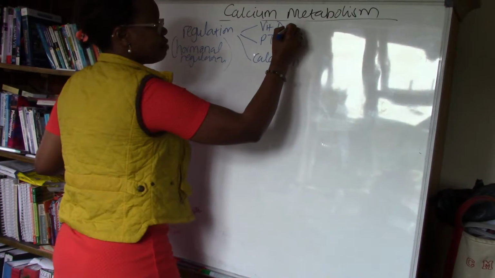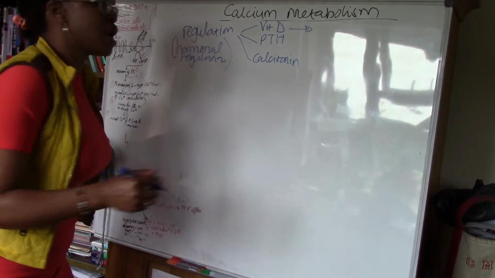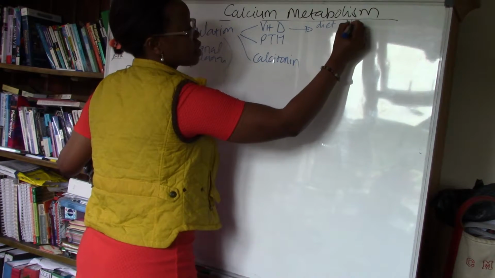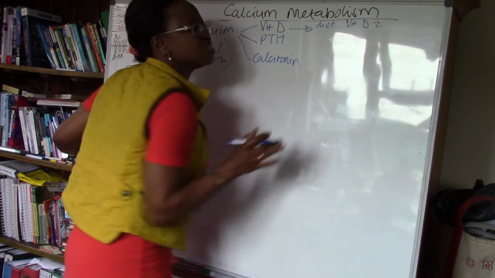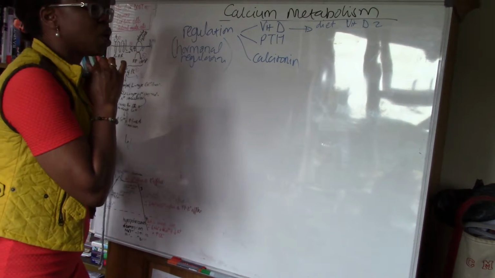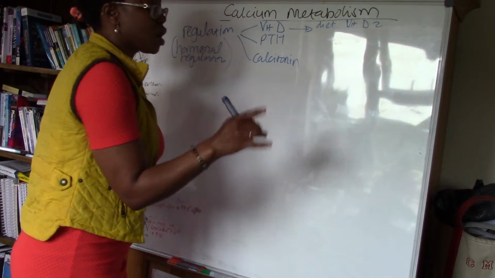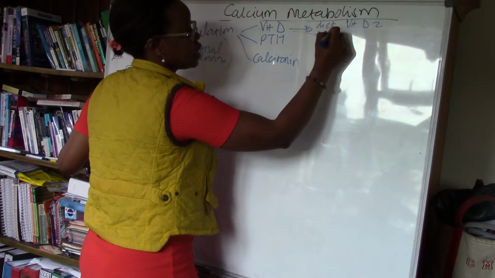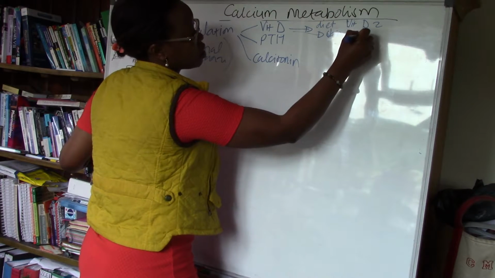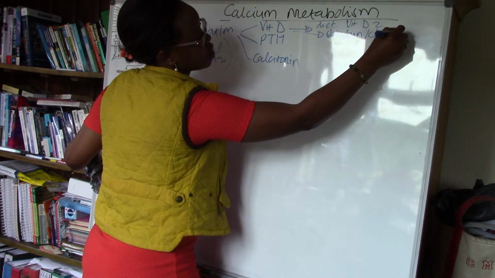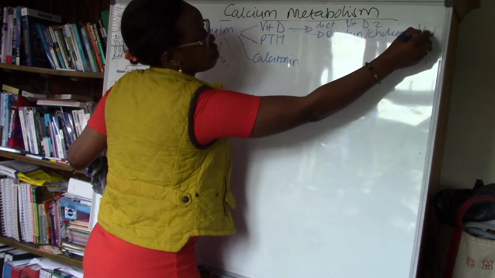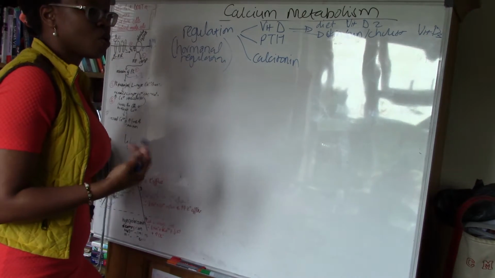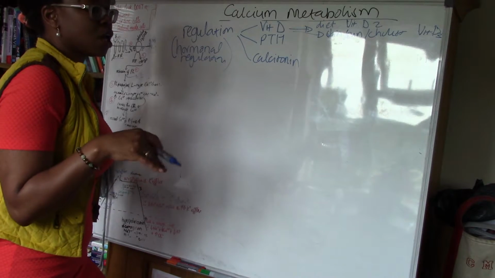Vitamin D comes from the diet, which provides vitamin D2, which is ergocalciferol, or it can be from the skin, sun and cholesterol, which forms vitamin D3, which is cholecalciferol.